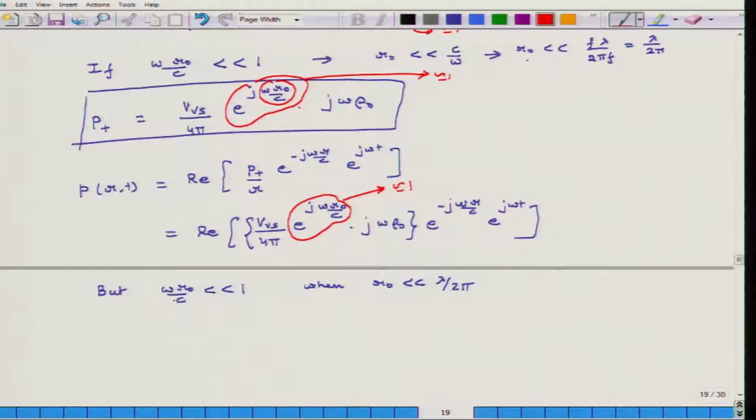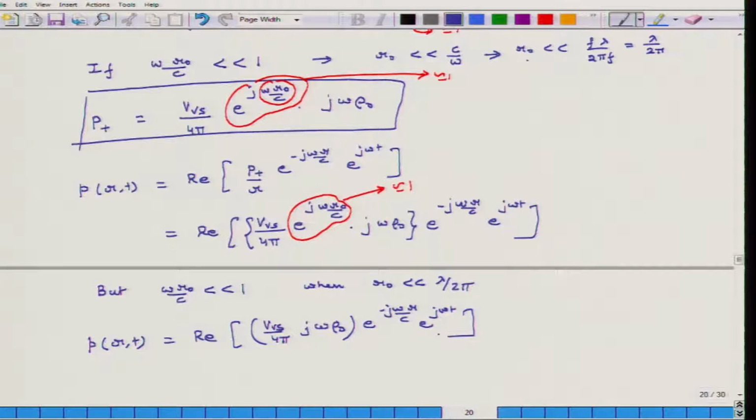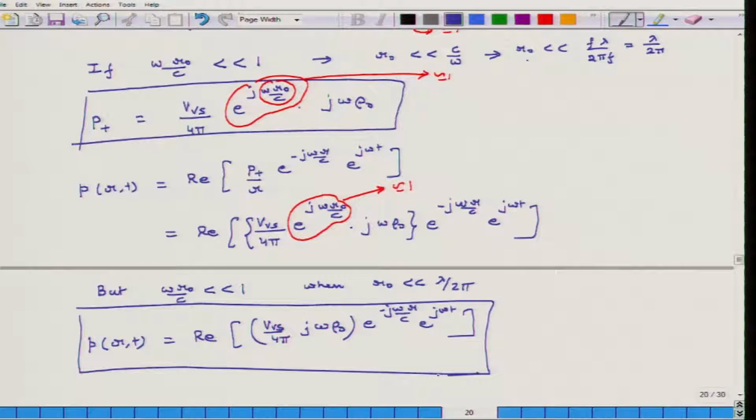So, for the condition when omega r naught over c is extremely small, we can write that pressure equals real of VVS over 4 pi j omega rho naught e to the minus j omega r over c e to the j omega t. Okay. So, this is our expression for pressure in terms of volume velocity.